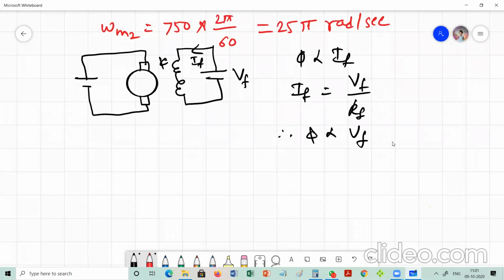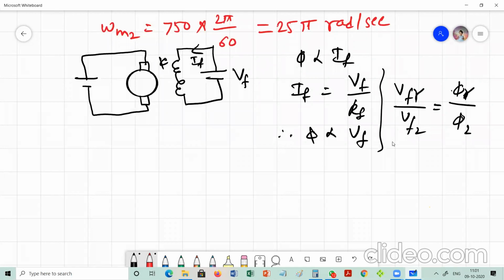So to calculate Vf we go for Vf1 by Vf2 is equal to phi 1 by phi 2. Instead of Vf1 we can take Vfr, and instead of phi 1 we can take phi r, and then we calculate Vf2 for known phi 2.